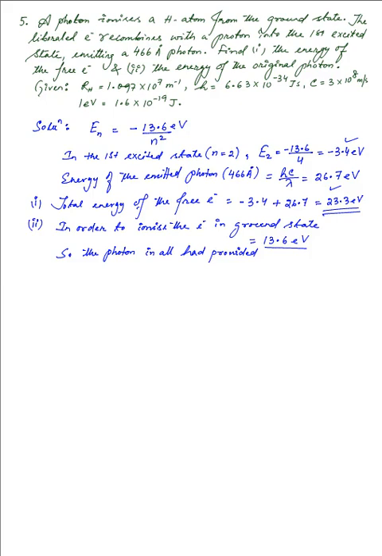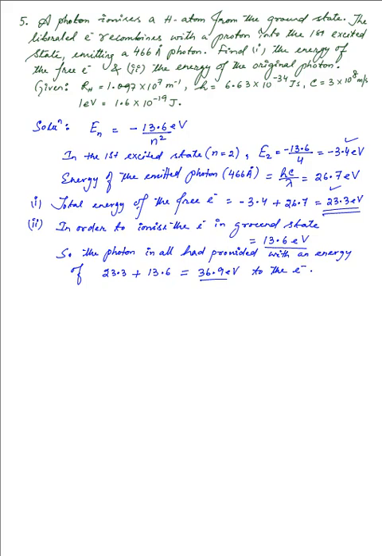So the photon in all had provided an energy of the sum of these two, which is 23.3 electron volts plus 13.6 electron volts, which results in a total of 36.9 electron volts in total to the electron to do all such things. So this is the thing that we were to find in the second place, that is the energy of the original photon.